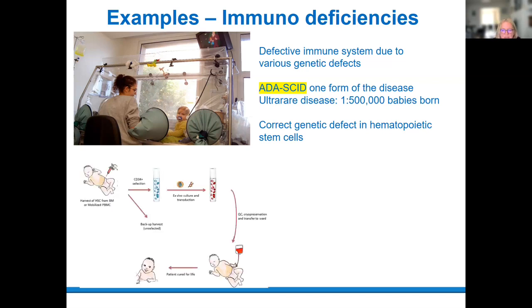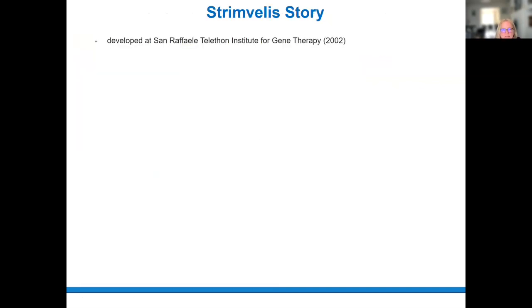And the gene therapy that was developed for this disease is an ex vivo gene therapy, where bone marrow cells were taken from the baby. They were modified using gene therapy vectors in Petri dishes and then retransplanted into the patient. And this drug was licensed in 2017.